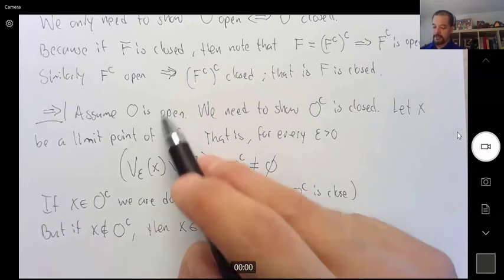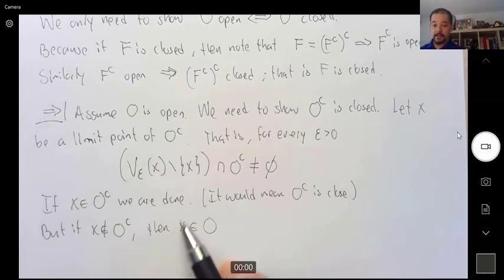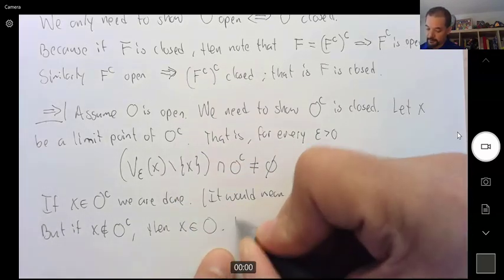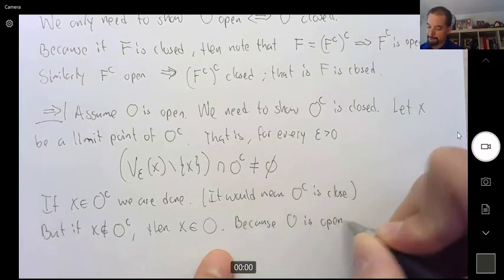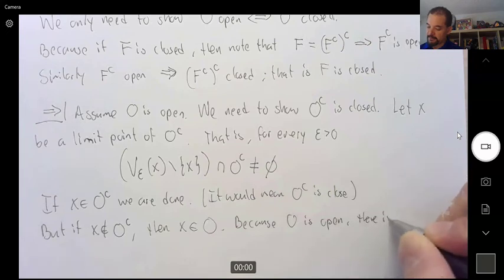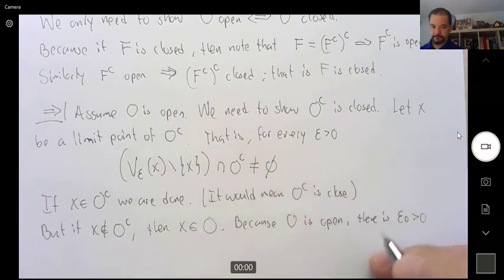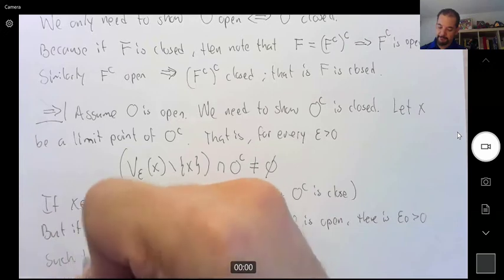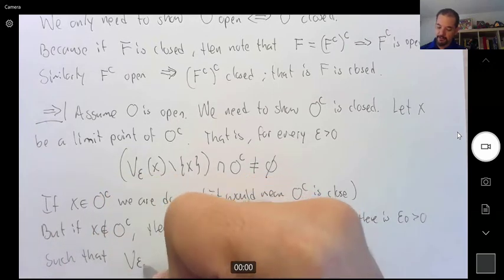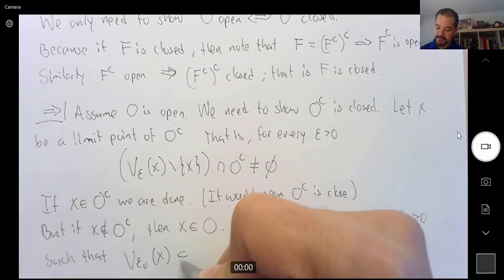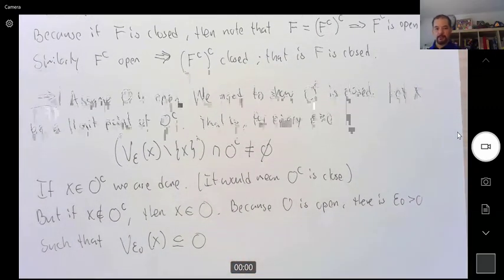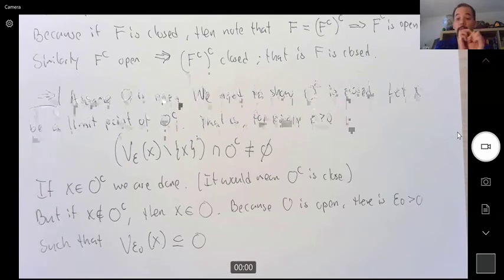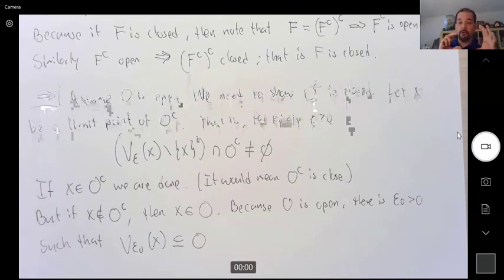Being open means there is a neighborhood that is entirely inside O. Because O is open, there is some epsilon zero such that the epsilon zero neighborhood centered at X is inside O.